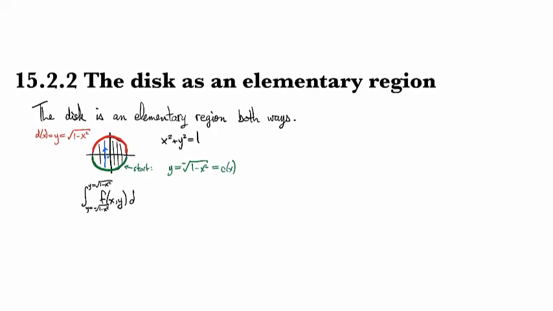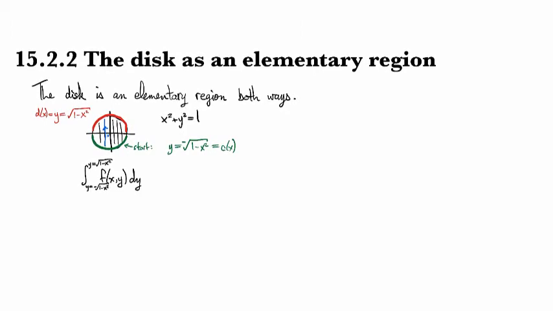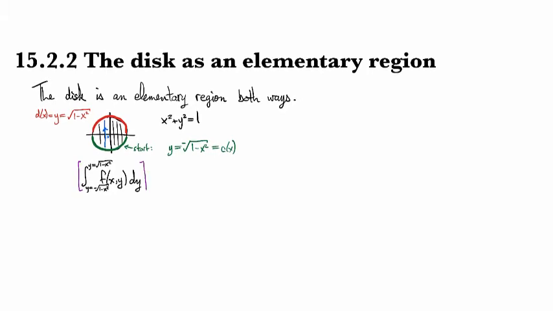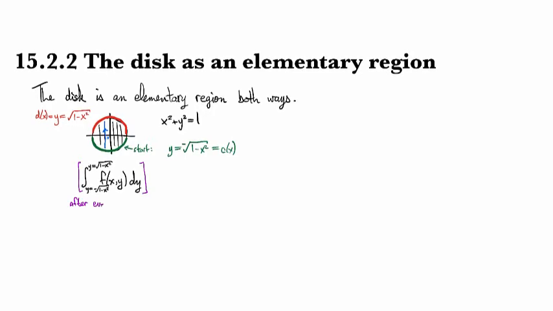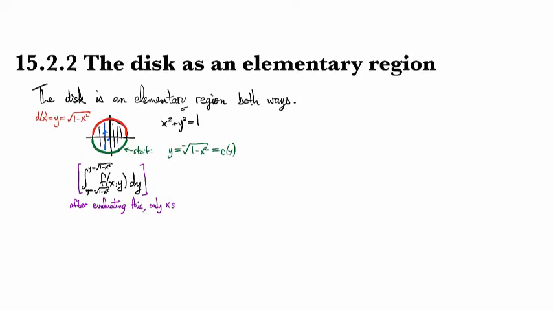And that's going to be dy. And so just think about what will happen when you evaluate this. You're going to integrate y, and then you're going to evaluate y, and then you're going to have nothing left but functions of x. That's important. So once this part here is integrated, after evaluating this, only x's remain.